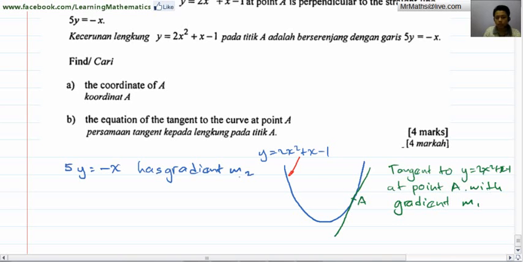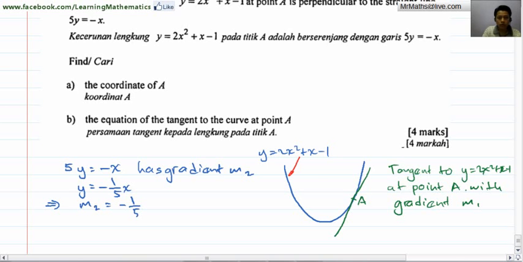So we have M1, we have M2. So y is equal to minus 1 over 5 x. Therefore M2 is minus 1 over 5.